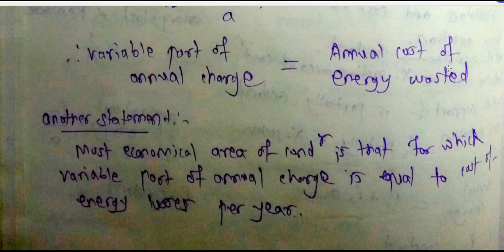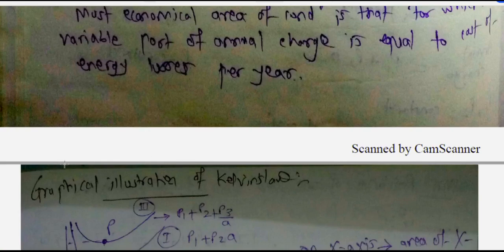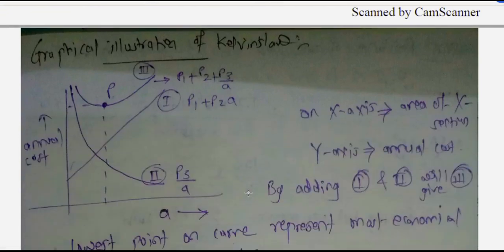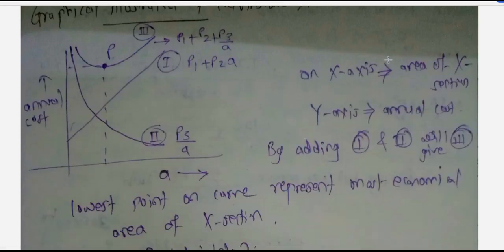Now we can derive this with the help of a graphical illustration also. On the x-axis we consider the area of cross section, and on the y-axis the annual cost. By adding 1 and 2 we get 3. The graph of 1 is linear, P1 plus P2A.